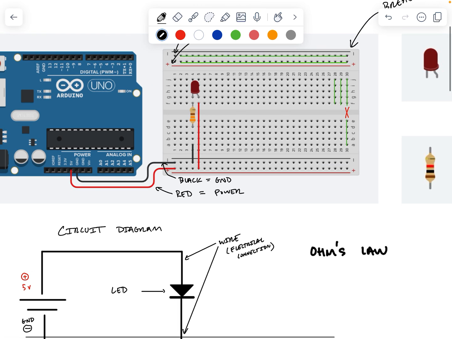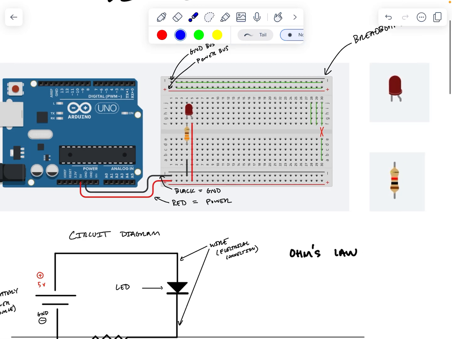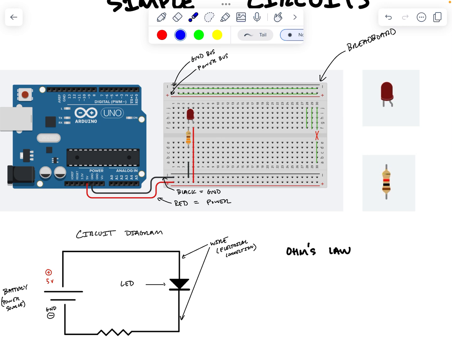Just keeping ourselves organized and knowing what's what. I really highly recommend that you stick to these conventions, because when you invariably have a bug or a problem in your circuit design, if you know that your black is ground and your red is power, you're going to be much closer to identifying the issue than if you just are using any color willy-nilly in your design.